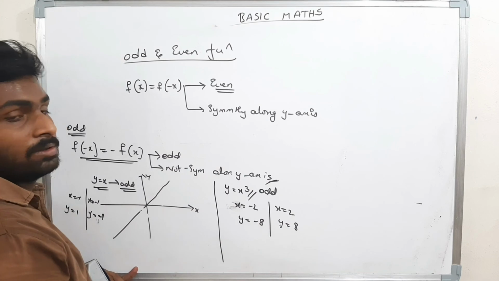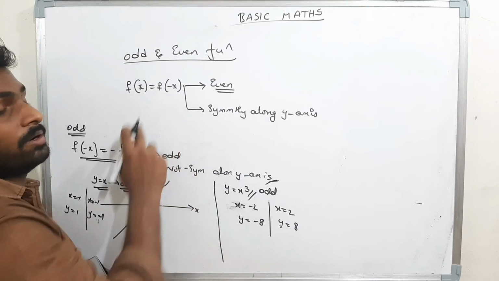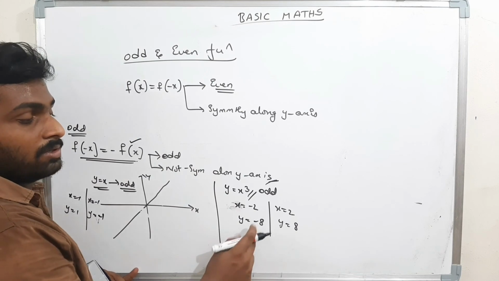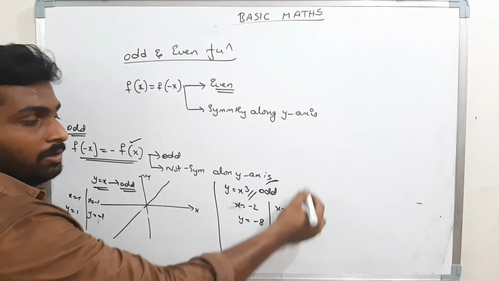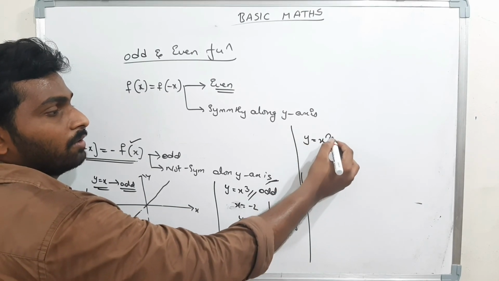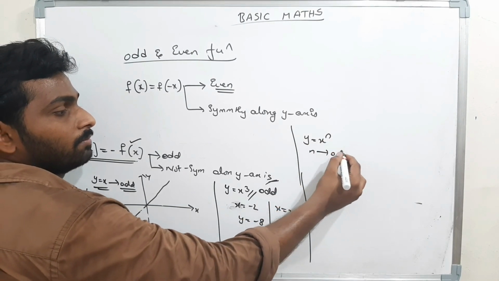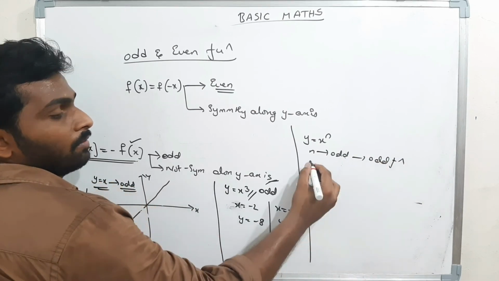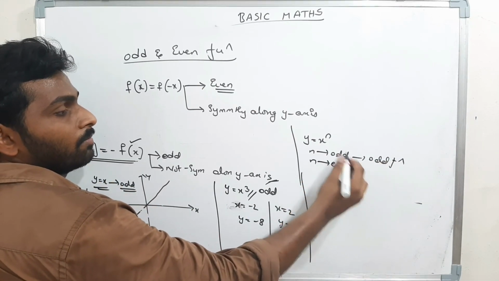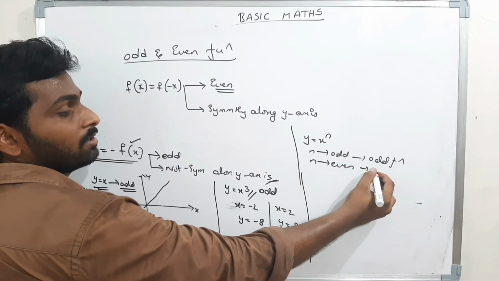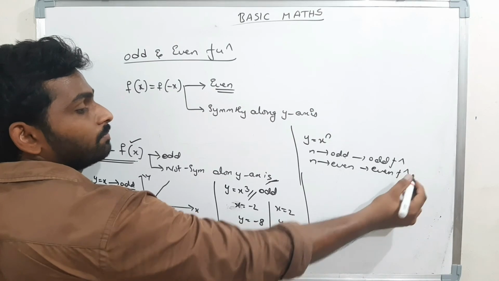That means this is not obeyed, this is obeyed. Therefore, this is an odd function. Commonly I can say y is equal to x power n. When n is odd, then it is an odd function. When n is even, that means 2, 4, 6, 8, then it is an even function.